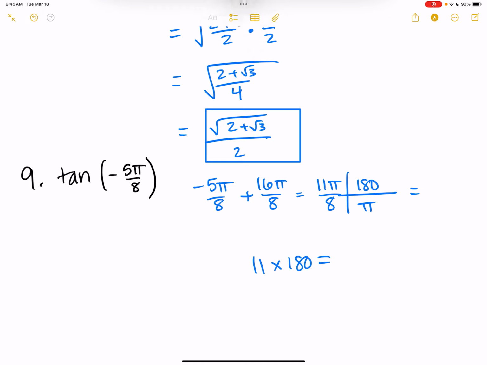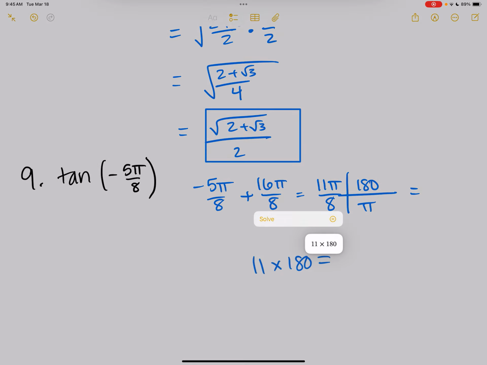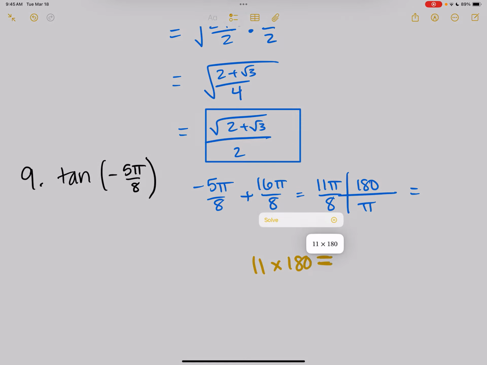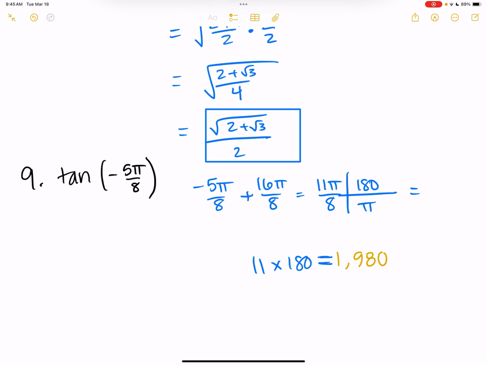Really, it wouldn't give you an answer for that. That's kind of disappointing. The one time we actually won it. Divided by 8.